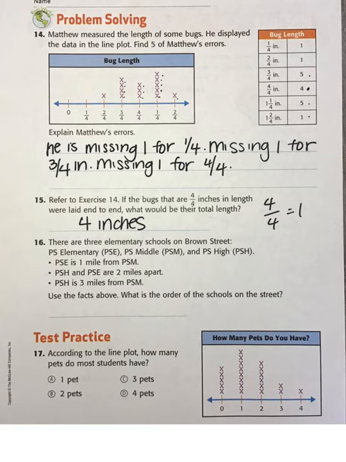Okay, so let's start with PSE. PSE is 1 mile from PSM. Okay, let me use a different color. 1 mile. Okay, now PSH and PSE are 2 miles apart.